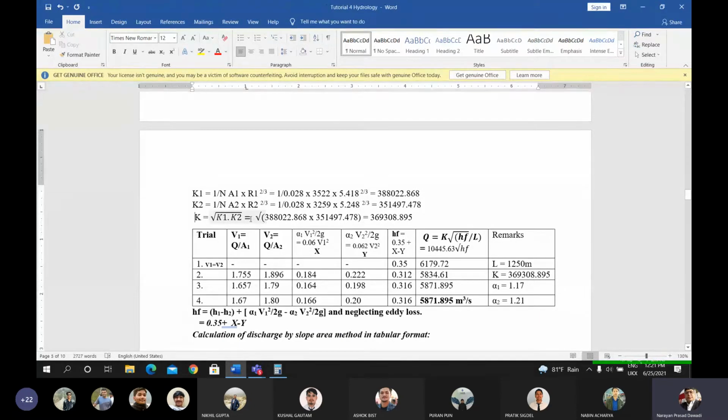The average conveyance factor K can be calculated as K is equal to the square root of K1 times K2. You will get the value of 369,308.895 for the average conveyance factor K.